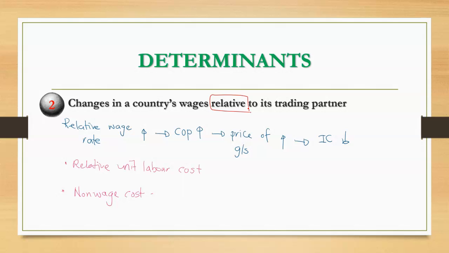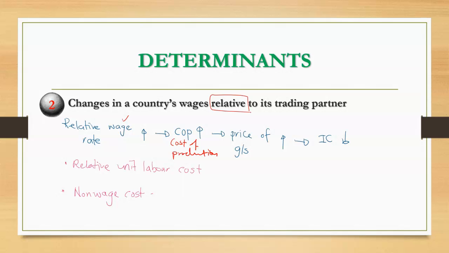Okay, so if our relative wage rate increases, it would mean compared to other countries, our wage rate has been higher. So if our wage rate is higher, then our cost of production, COP here represents cost of production, would actually be higher compared to another country.